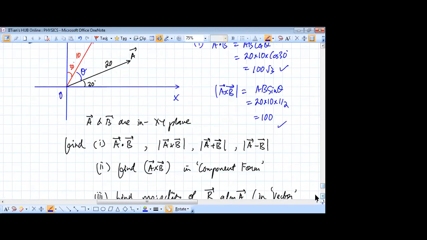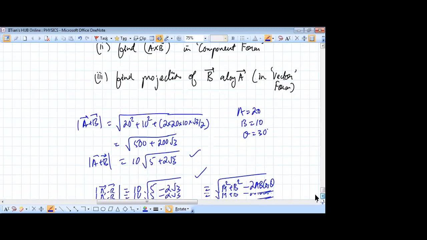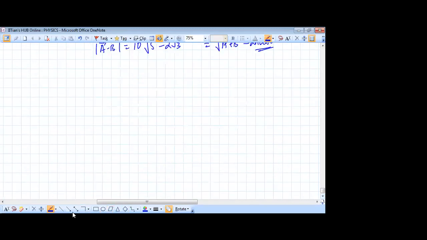Now let us come to A cross B in component form, as a projection. So A was like this and B was like this, and this was our XY plane. So just apply the right hand thumb rule.